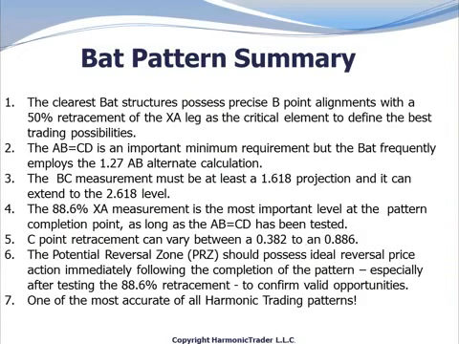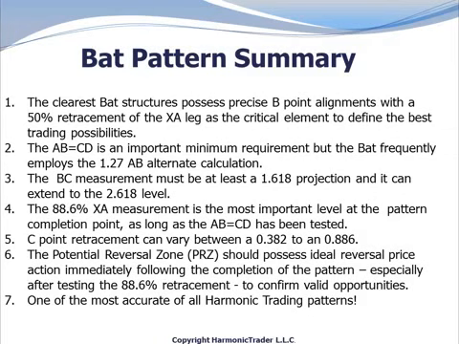Bat pattern summary. The clearest bat structures possess precise B-point alignments with a 50% retracement of the XA leg as the critical element to define the best trading opportunities. Now the 3A2 can be used as well, but for the bat pattern, the 50% is preferred.